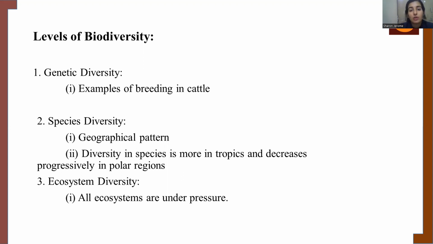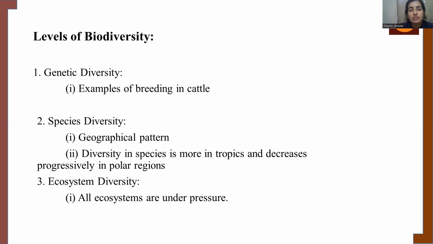When we talk about ecosystem diversity, all ecosystems are under pressure. To maintain that ecosystem, there should be an interaction as well as an interdependency shown among the organisms themselves.